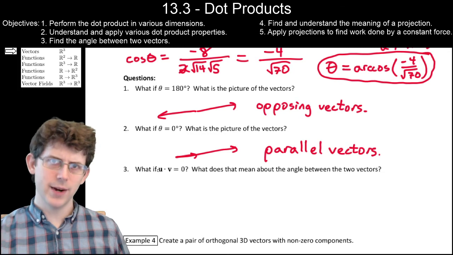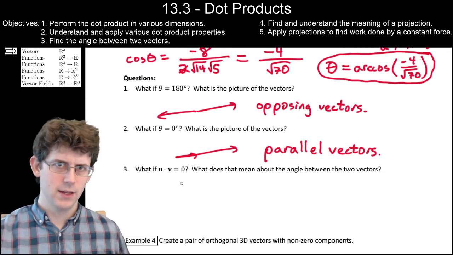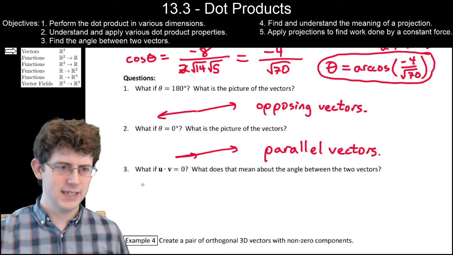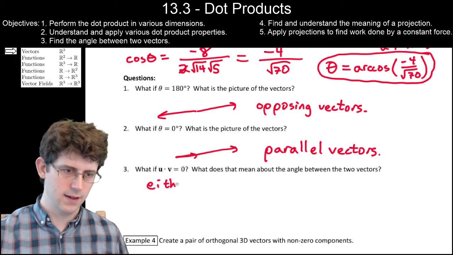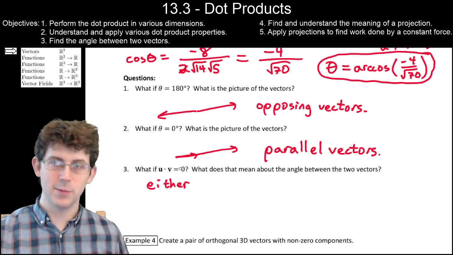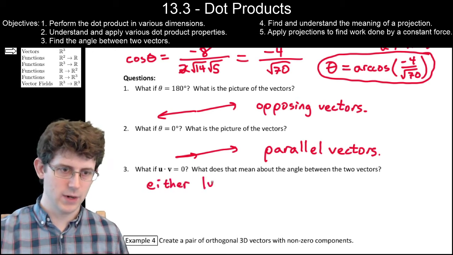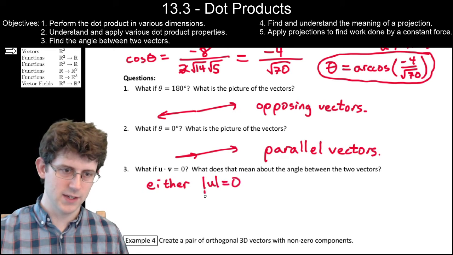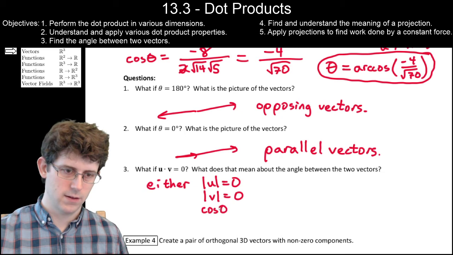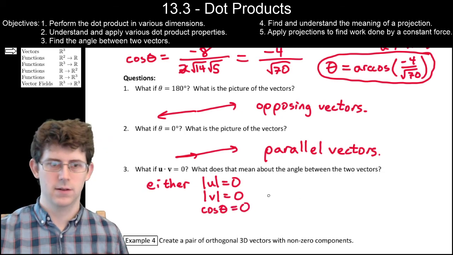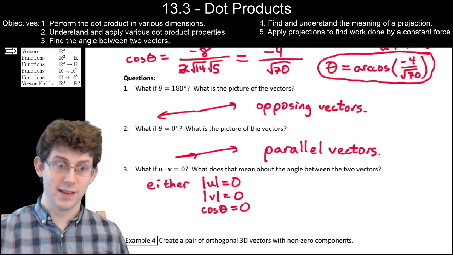And if the dot product of two vectors is 0, then one of these things must be 0.